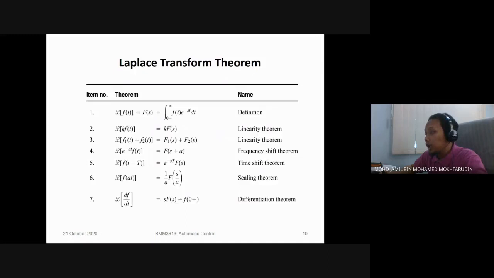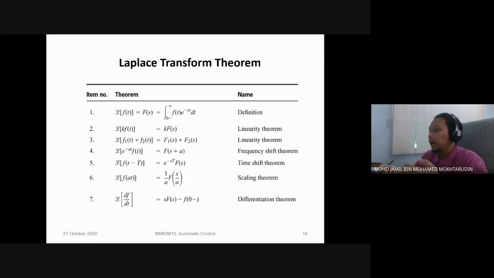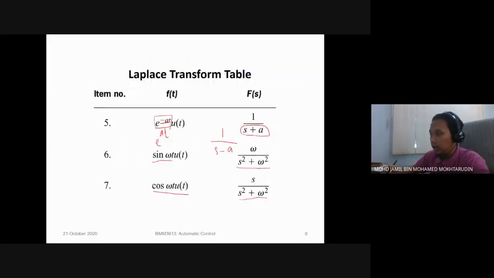So this is the general table for selected functions. There are many more functions, but you will usually be asked these 7 items only.